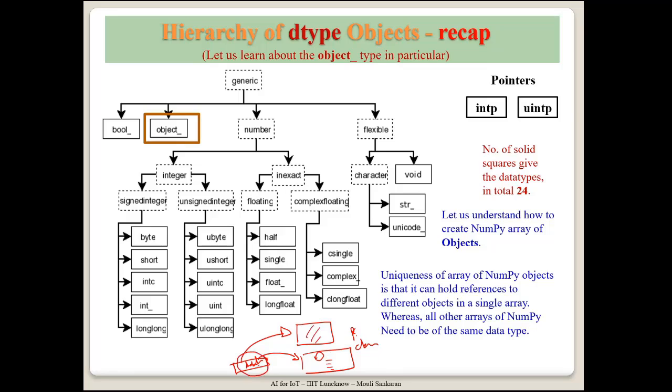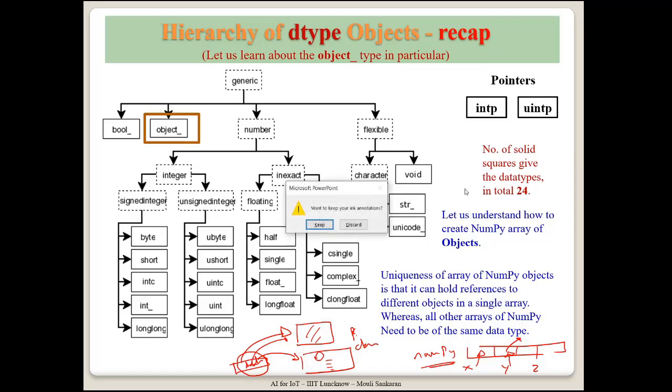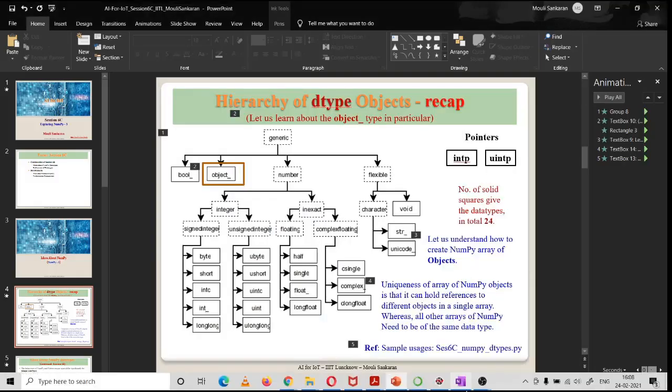Anyway, it has to be a dereferencing because it has to access the address and then get to the object that is being stored. So even in the NumPy array, we can have any object arranged as an object type array. As long as it's an object type, it doesn't matter whether it is class X or class Y or class Z, we can have any object of any class and it will be able to resolve it while it is accessing them. So let us see an example of this in the class today. I hope this is clear to you.